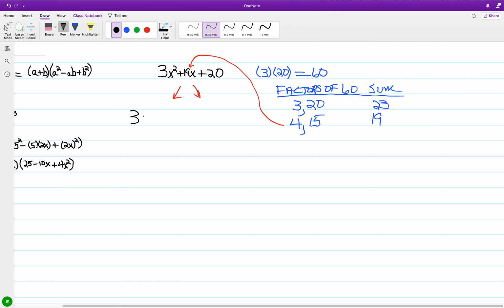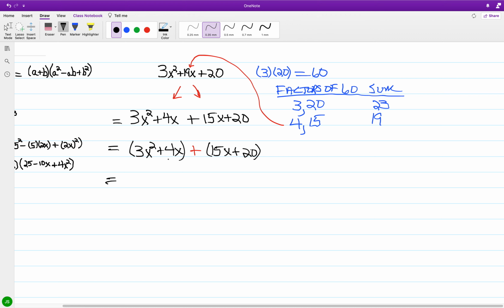So I split up the 19x term: 3x squared plus 4x plus 15x plus 20. Looking at factoring by grouping, I have the quantity 3x squared plus 4x plus the quantity 15x plus 20.